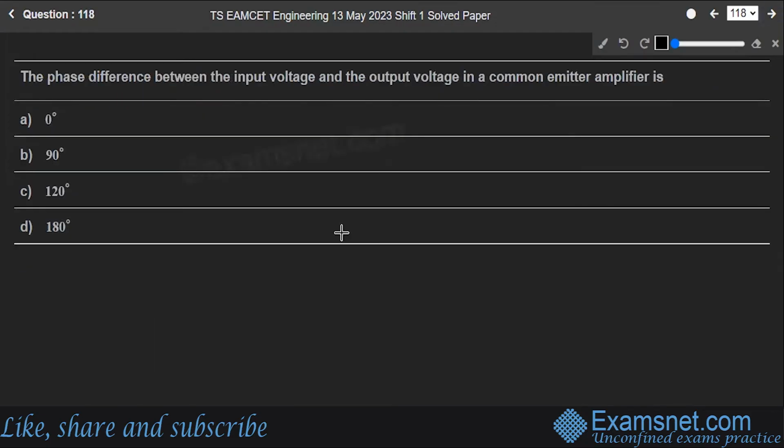The phase difference between the input voltage and the output voltage in a common emitter is.